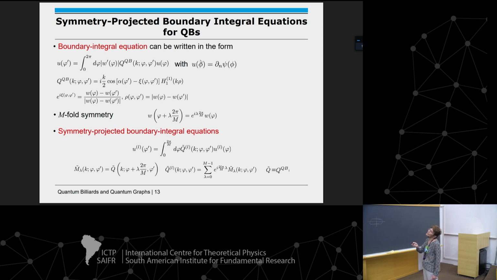The only difference is that this one is replaced by a term which contains the information on the symmetry properties. You insert phi plus 2 pi lambda 2 pi over m instead of phi here. And to get the integrand, you have to take a sum over these terms where L determines the symmetry class, and then you get separation into different symmetry classes.